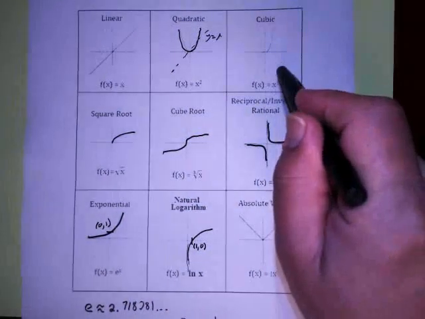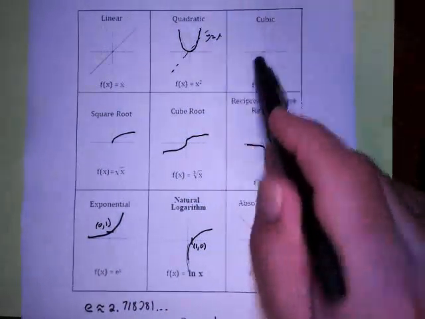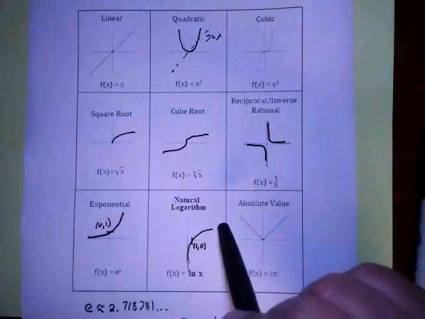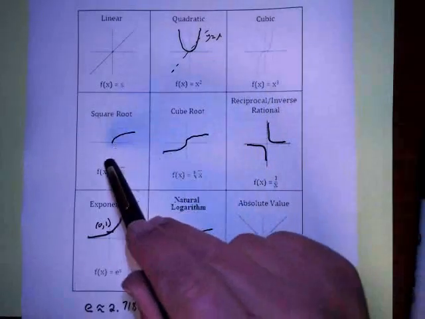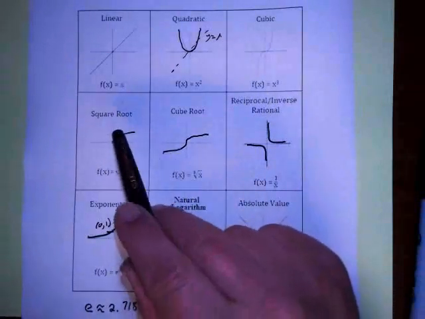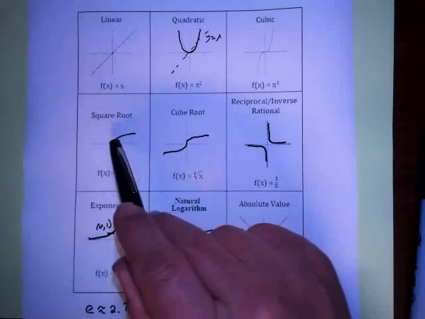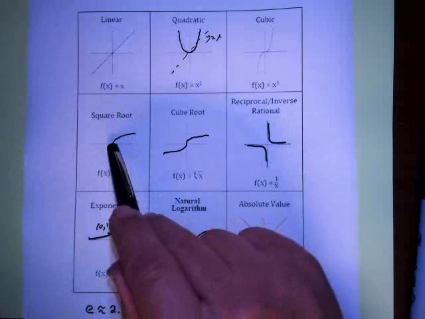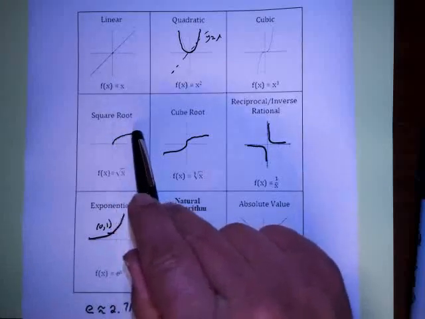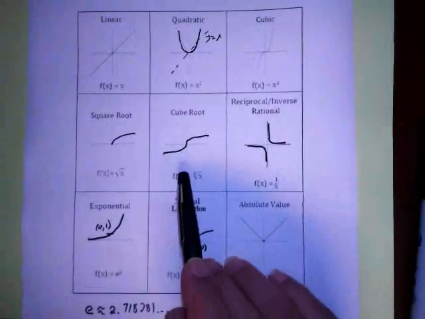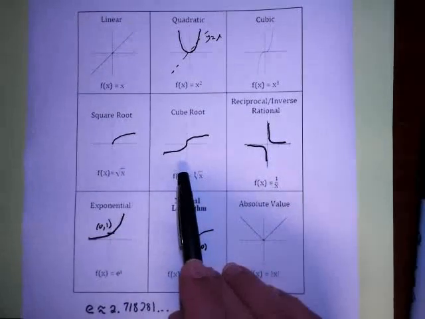This one, the domain and the range is negative infinity to infinity. This one over here, the domain and range are 0 to infinity, including 0. This one, the domain and range are negative infinity to infinity.